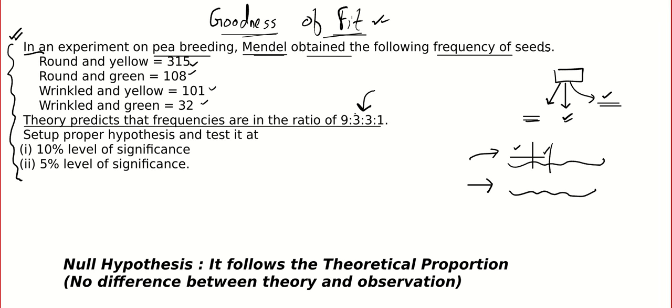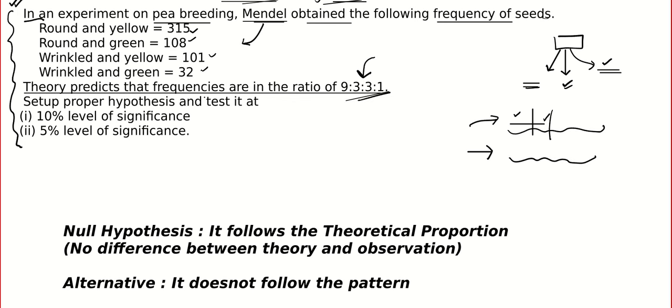So theoretically, this is what we believe, and according to Mendel's experiment, this is what he observed. So remember, goodness of fit is the test that we are going to do here, and in every goodness of fit, just like our test of independence, just like our ANOVA, the null hypothesis and alternative hypothesis are fixed.